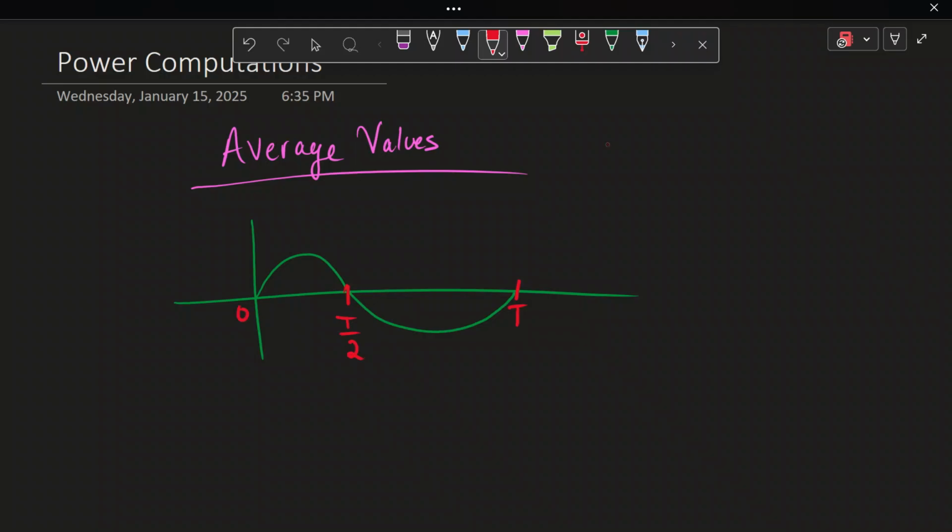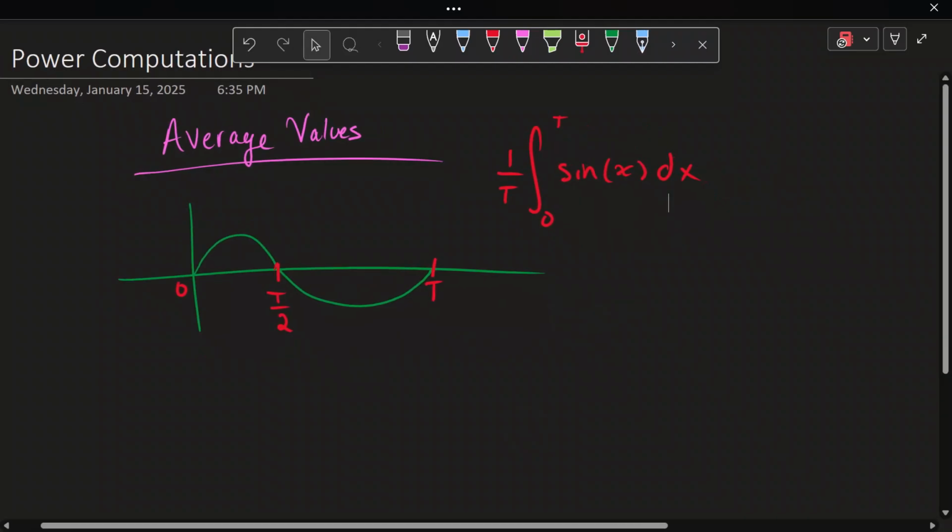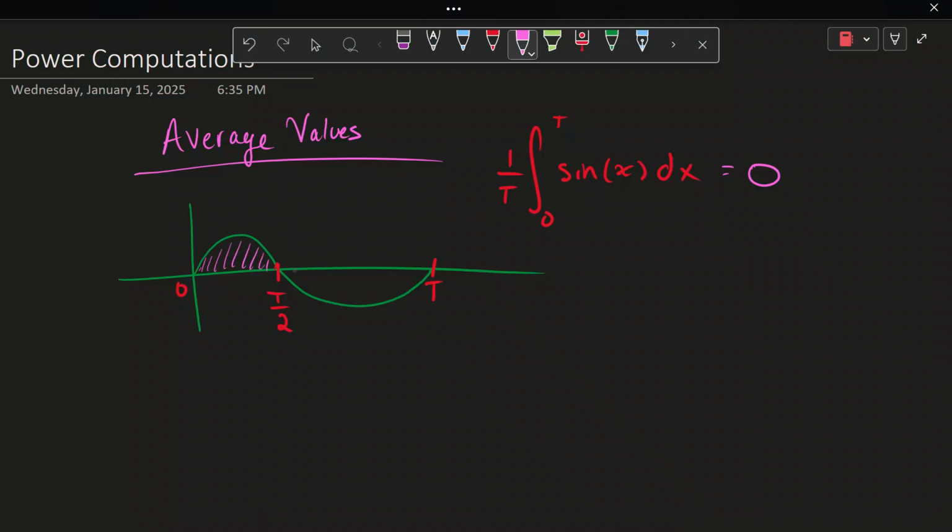So let's say we take the integral of this sinusoid, 1 over T times the integral of sine of x from 0 to T. This is the definition of an average value. So what will be the average value of this sinusoidal periodic waveform? Well, this is going to be 0 because the area on top matches the area on the bottom.